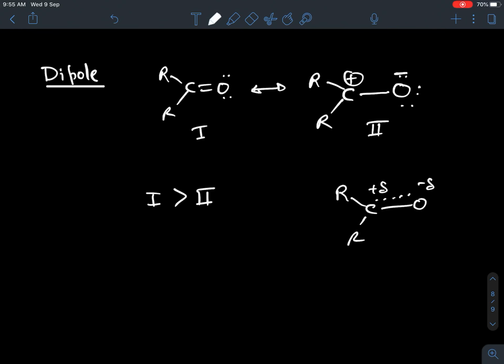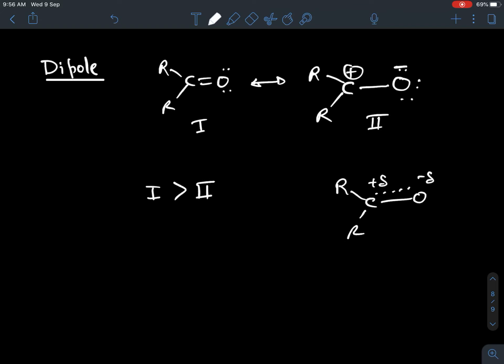So you can see there is a difference in polarity, partial positive and partial negative, due to the difference in electronegativity of carbon and oxygen. Because of that, this ketone or aldehyde, if you replace R with hydrogen, has a good polarity.